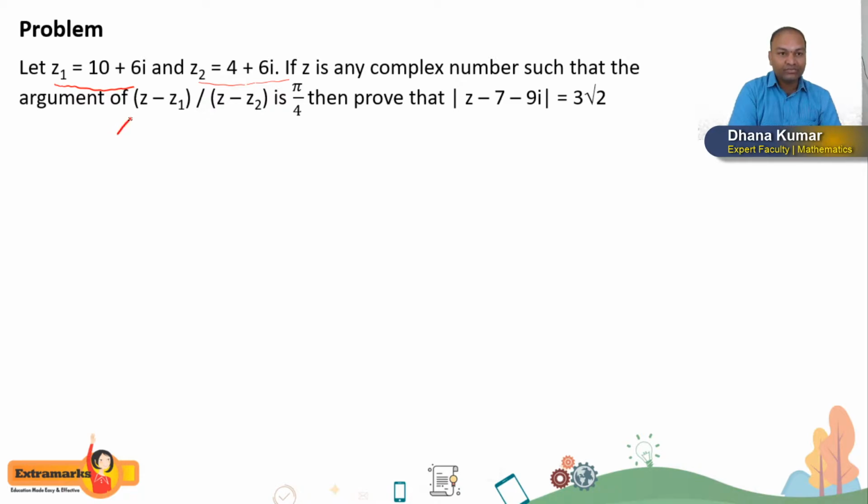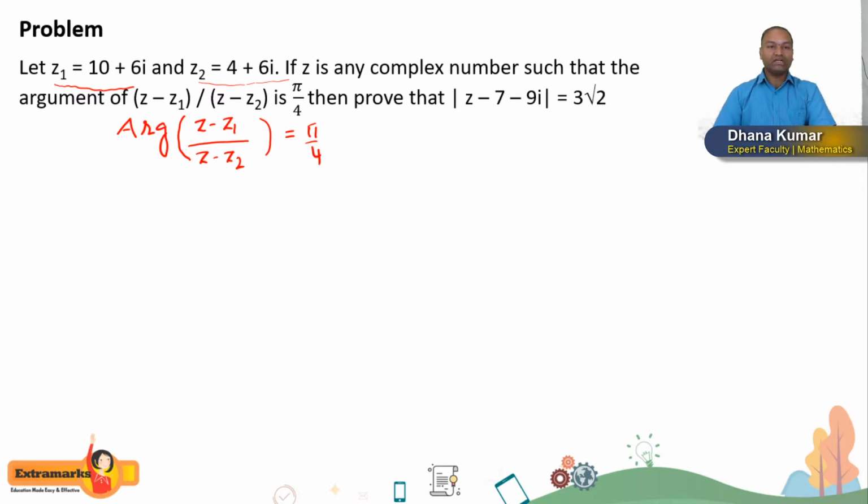Arg of Z minus Z1 by Z minus Z2 is equal to what? Pi by 4.